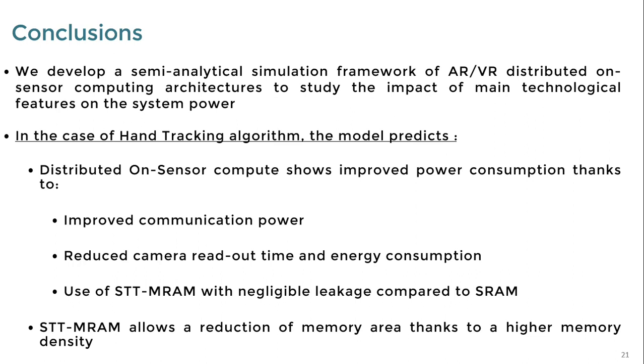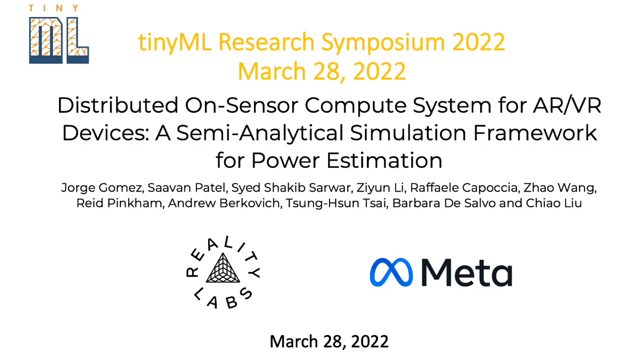In the case of the hand tracking algorithm, the model predicts that going to a distributed on-sensor processor system, we see a reduction in power that comes mostly from improved communication power, because, again, we're sending only a small activation size through the energy-hungry MIPI, reducing the camera readout time thanks to the high bandwidth of the micro-through-silicon via, and a reduction in leakage thanks to MRAM. Also, MRAM allows us to reduce the area of our sensor. Thank you very much, and I will be happy to answer any questions.